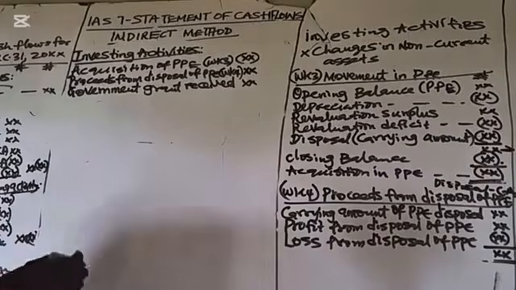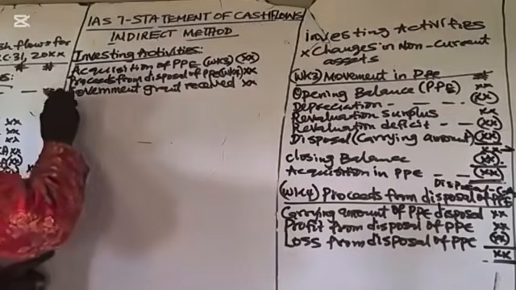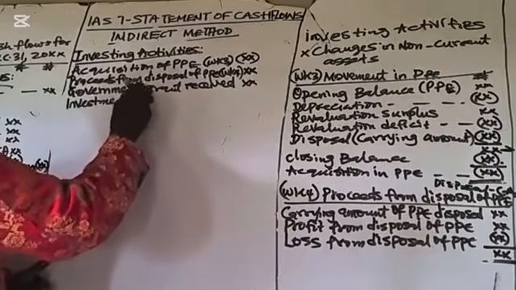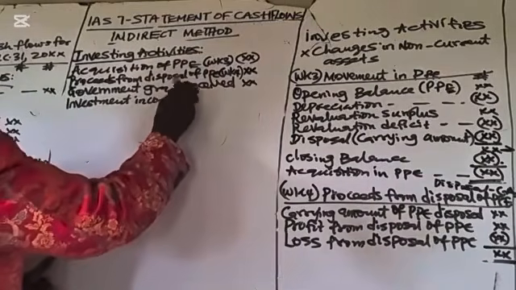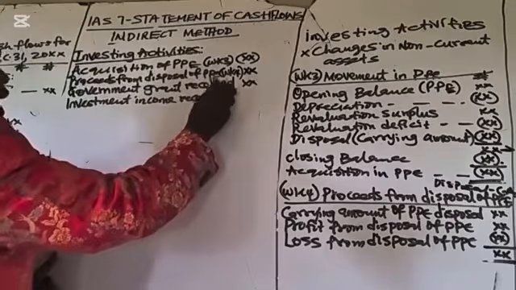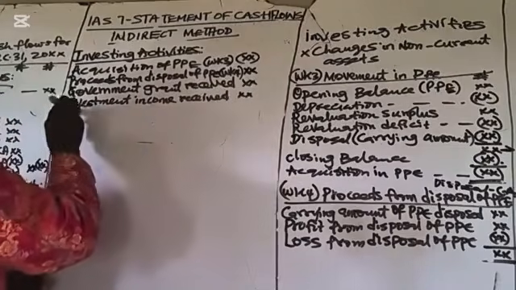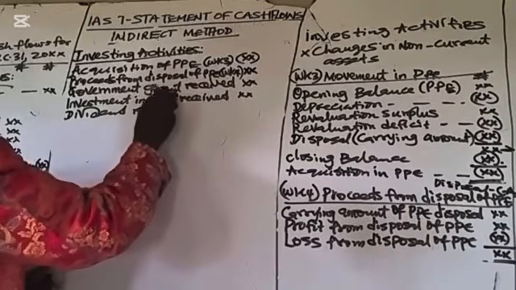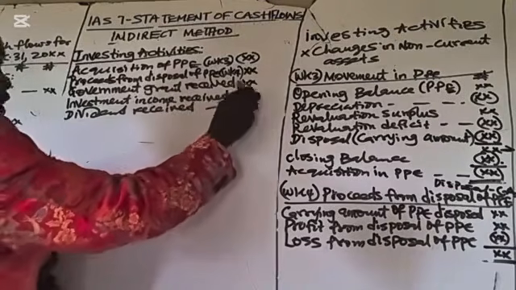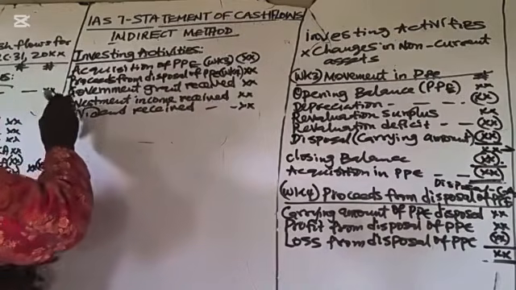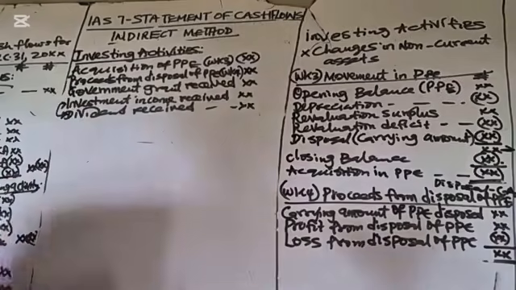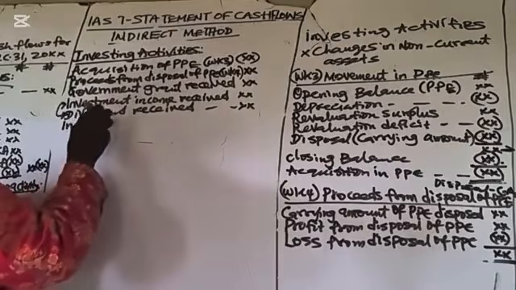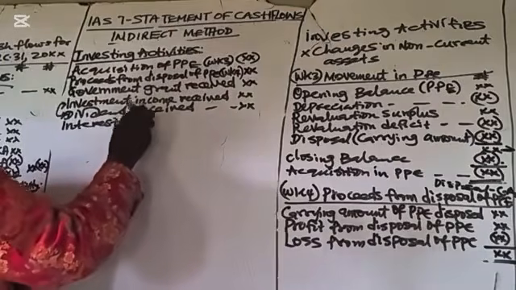Then you have investment income received, or dividend received, which is the same. Dividend is an investment income. Whether you put dividend received or investment income received, I see these two to be the same. Then the interest received.